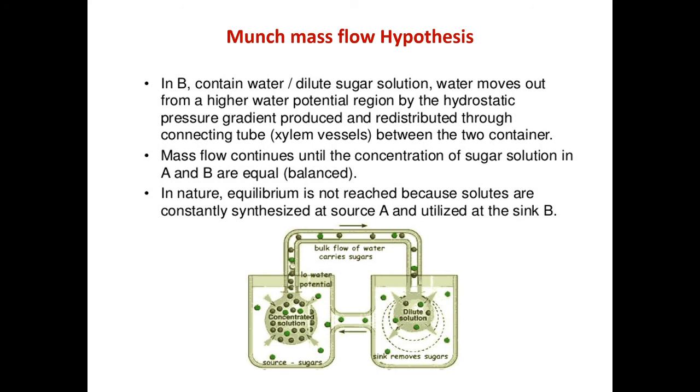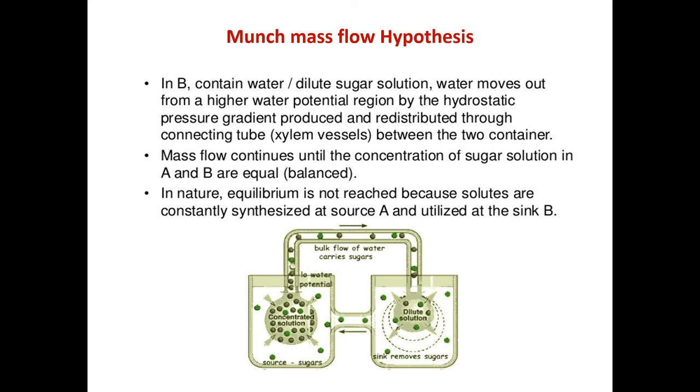And the third objection is that the mass flow hypothesis suggests the substances should move with the same velocity. Whatever substances are present in the lumen of a sieve cell, they all should move with the same velocity. But it is observed that the speed of movement of different compounds varies.